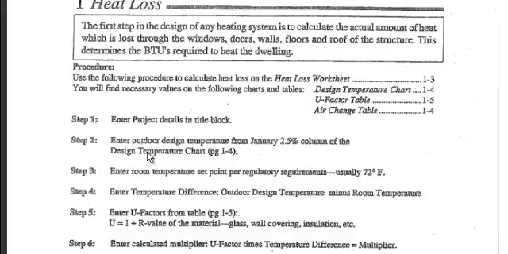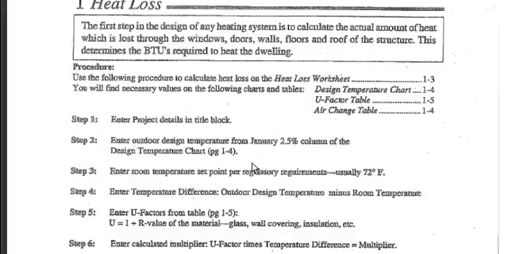We're going to enter the outdoor design temperature from the January 2.5% column of the design temperature chart. In this case we're looking for Surrey, and if we look up our location of Surrey on page 1-4, we'll see that it says 17 degrees under the January 2.5%.